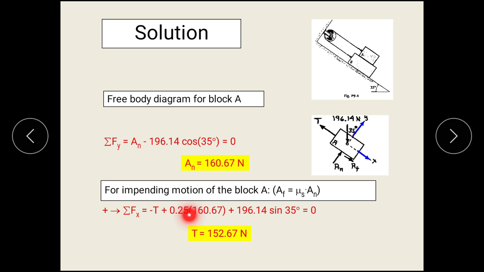Consider here 0.25 into 160.67, because AF equals mu s into AN. So this AF is mu 0.25, AN 160.67, plus this value 196.14 resolved into the horizontal component, so Px is 196.14 into sin 35. Here cos 35 is considered as Py and sin 35 is considered as Px. So that will give you the tension in the cable.